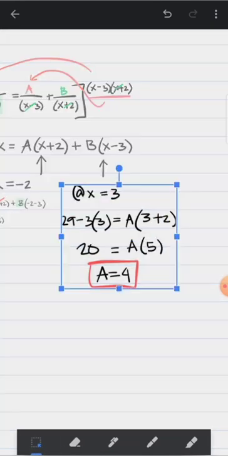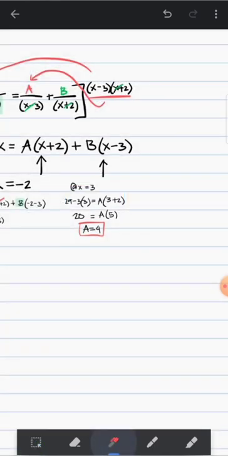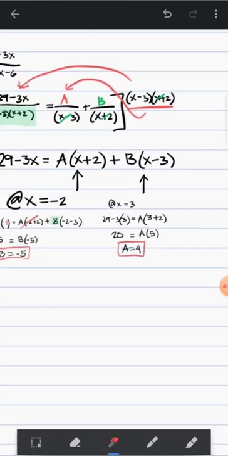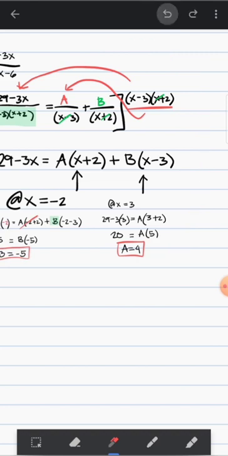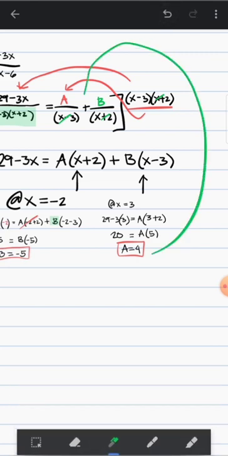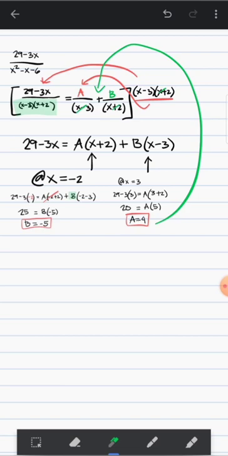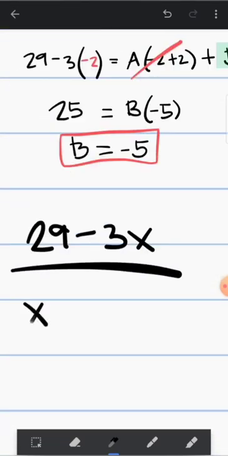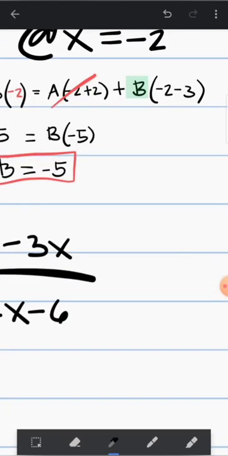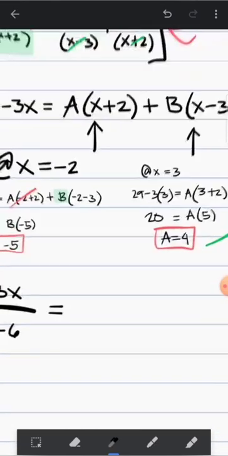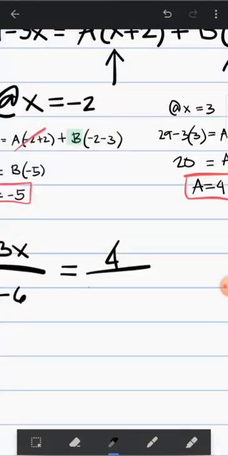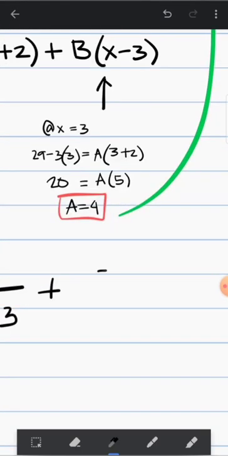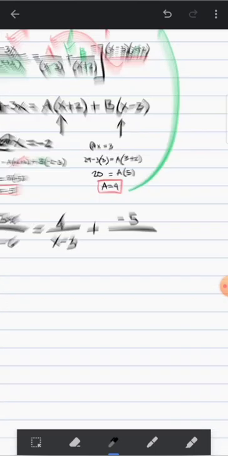Now that we have a and b, what are we going to do with that? Well, you substitute a and b into the random constants you assumed a while ago, and then you've got the answer. So 29 minus 3x over x squared minus x minus 6, its partial fraction decomposition should be 4 over x minus 3 plus negative 5 over x plus 2.